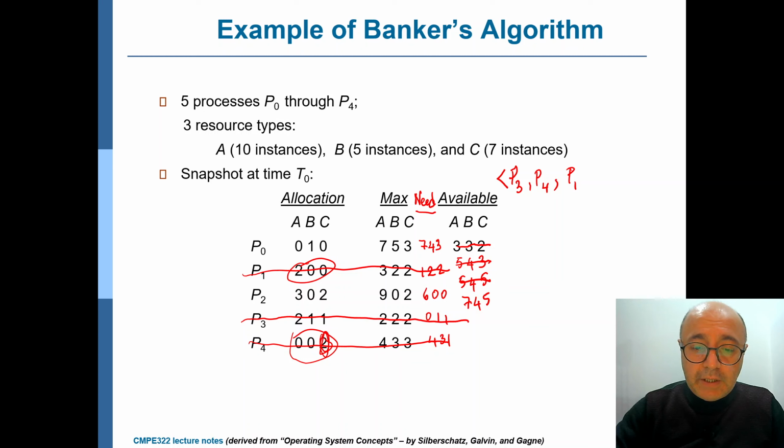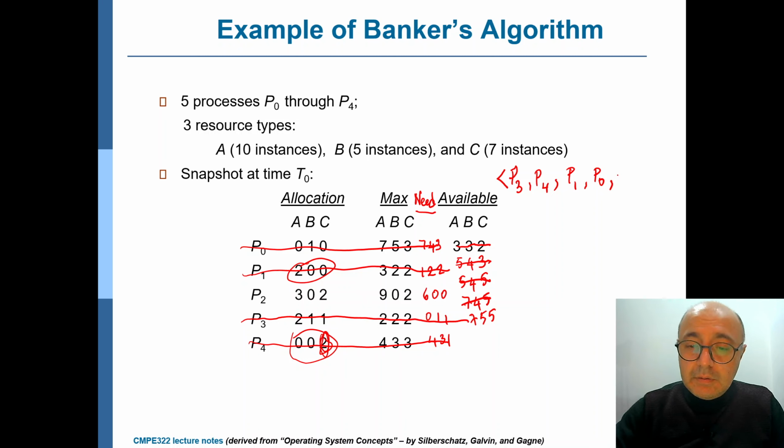With 7, 4, 5, I can complete P0 or P2, whichever one you want. Again, you have alternatives to alternatives. So let me say I complete P0. So when P0 is completed, I will have 7, 5, 5 available.